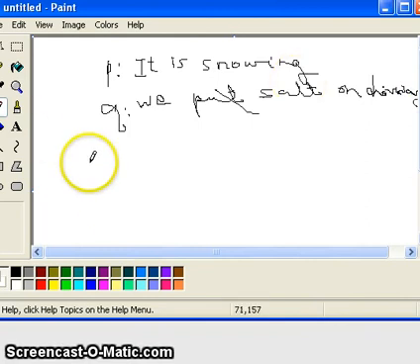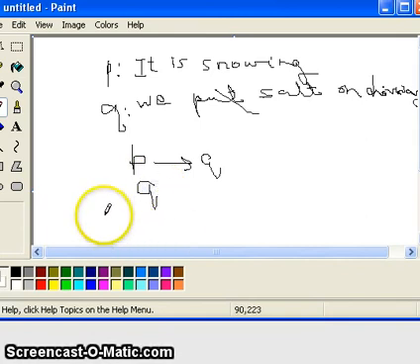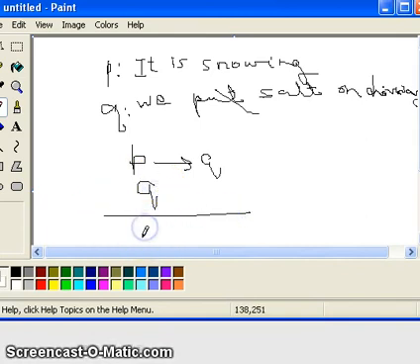So in the symbolic form, you can write P implies Q, which means if it's snowing, then we put salt. Then you have Q, therefore P.